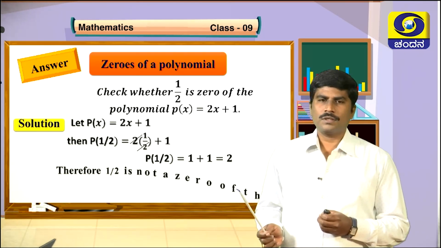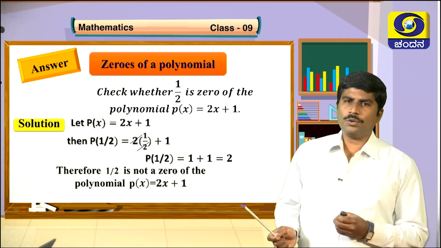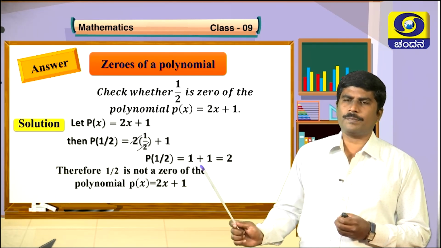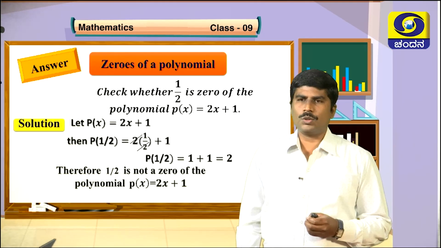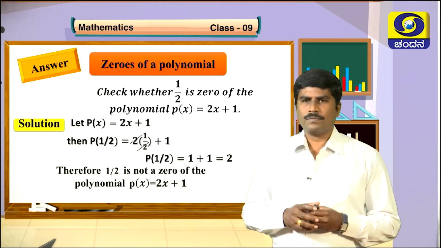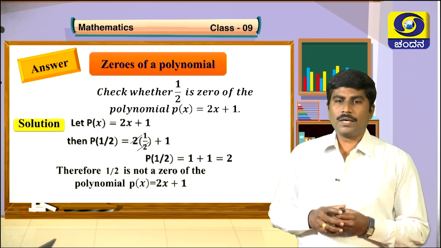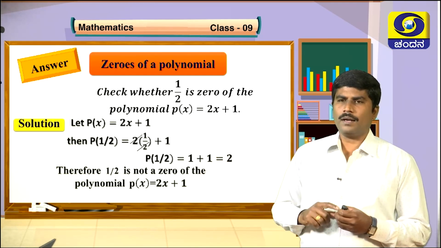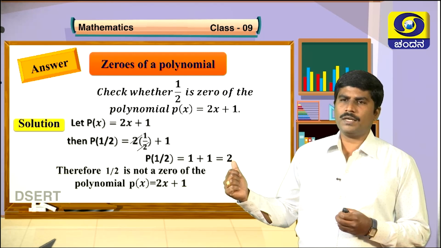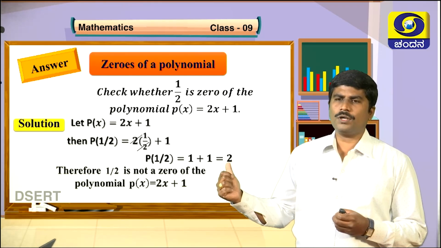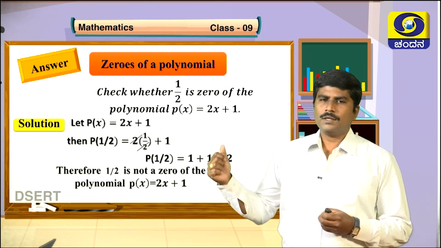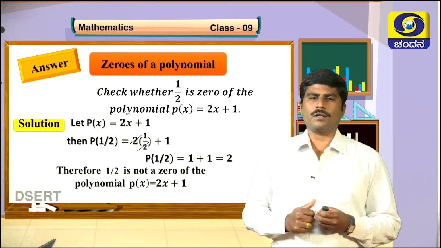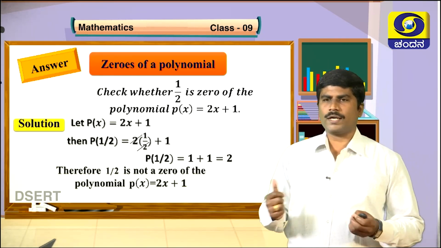This shows 1 by 2 is not a zero of the polynomial. Why? Because if it is a zero, the answer should be 0, but we got 2 here.